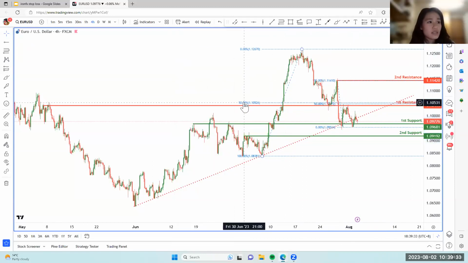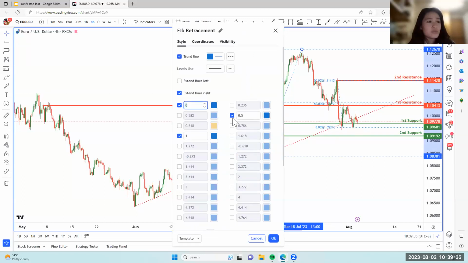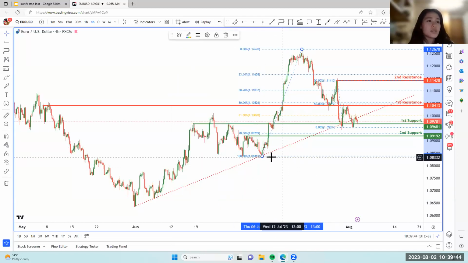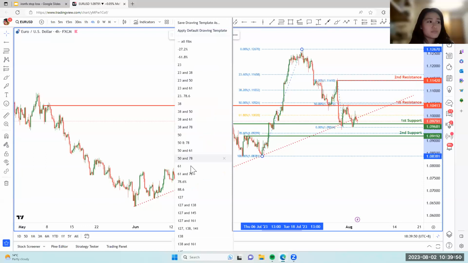So I'm going to look at the other levels. For retracement, we use these 5 levels: 23.6, 30.2, 50%, 61.8, and 70.6. Okay, and I can see that my 78.6 lines up nicely with my second support. So I'll just keep that.